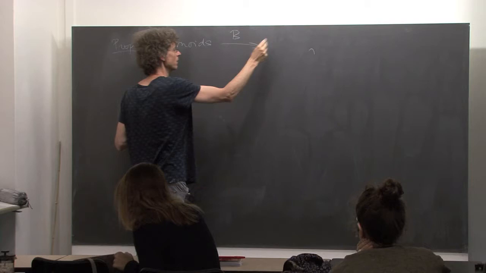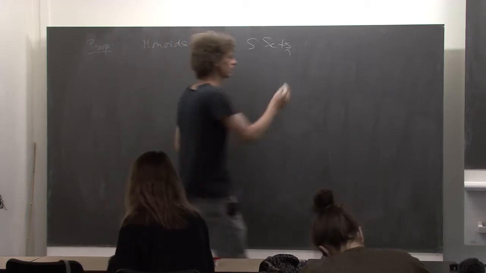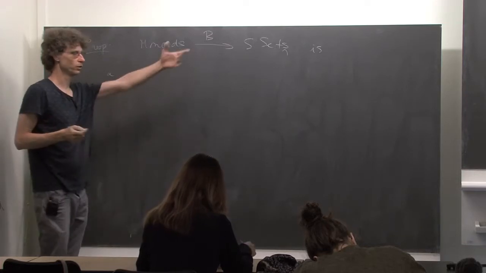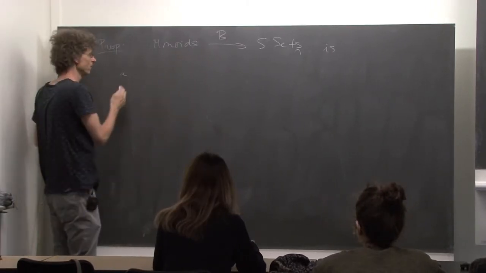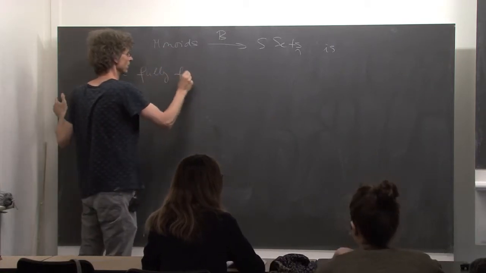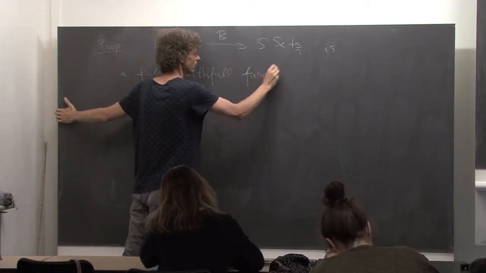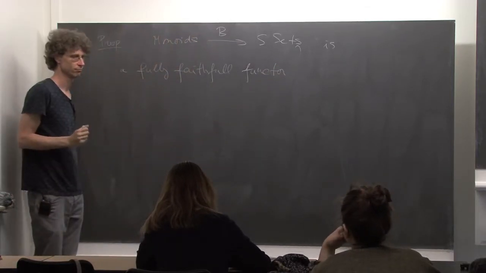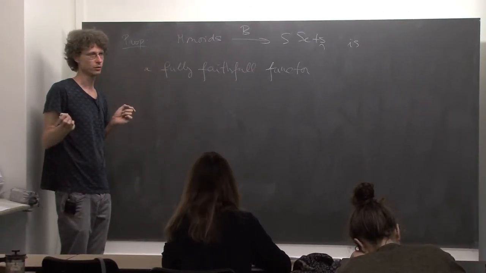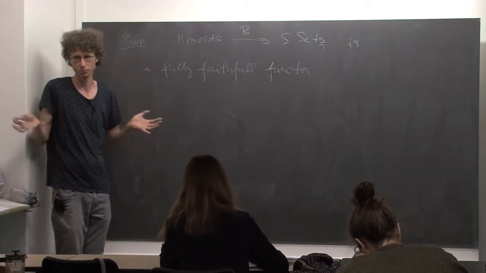And what this basically shows is that it's a fully faithful functor, an embedding of categories. But I will not need these fancy words. For me, what's enough is that we can reconstruct the monoid from its nerve. All the structure is simply there.